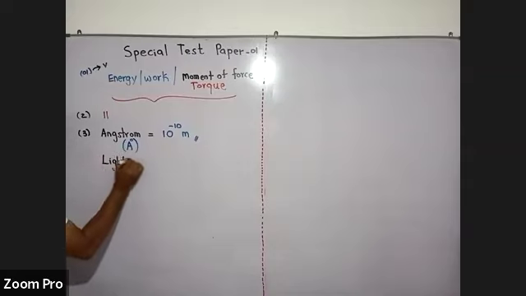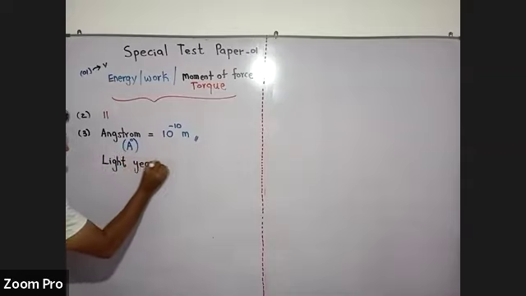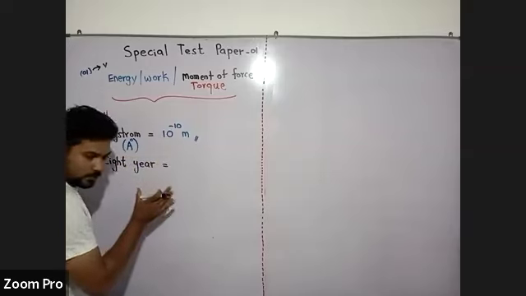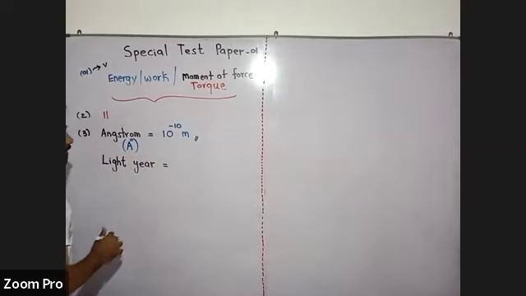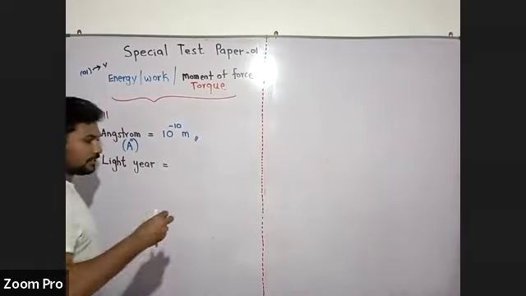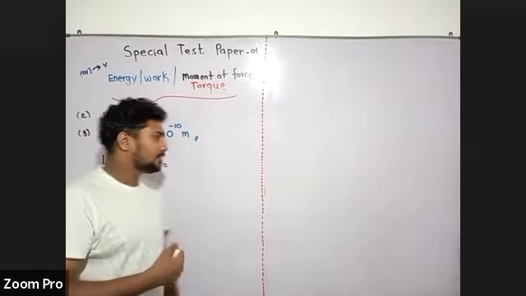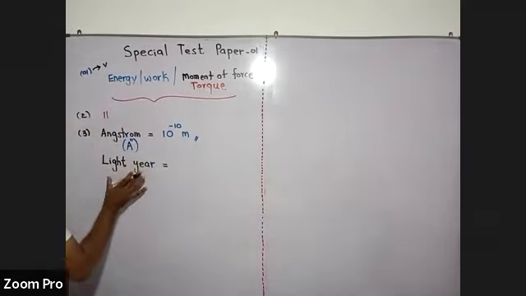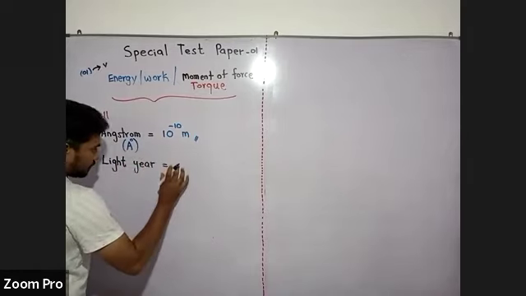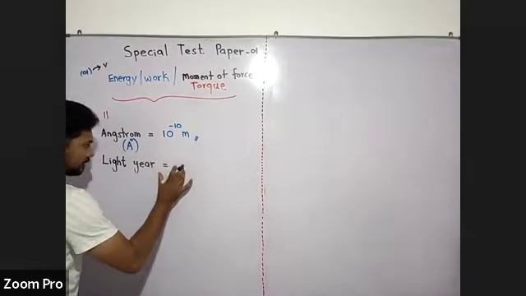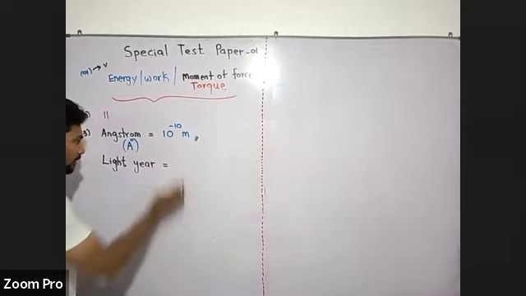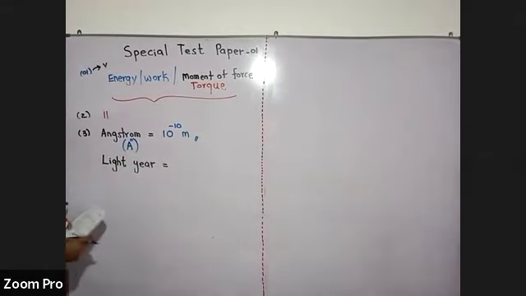Light year is also a kind of unit which is used to measure distance, especially the distance between planets, right? So light year means the distance which is traveled by light in 1 year. That is called the light year, right?